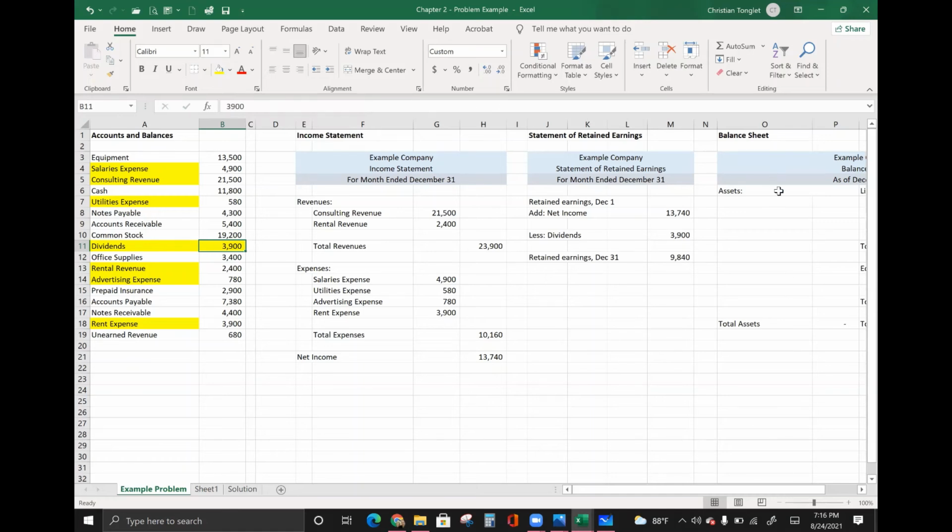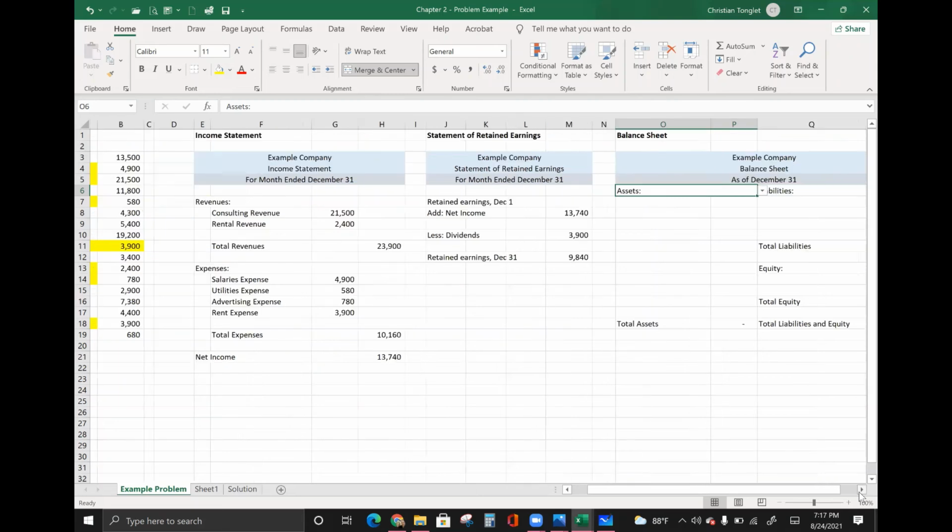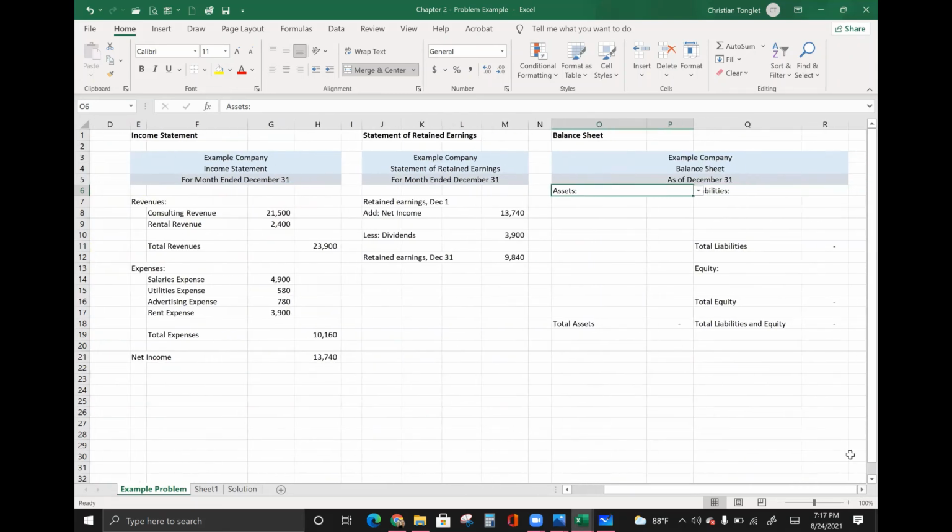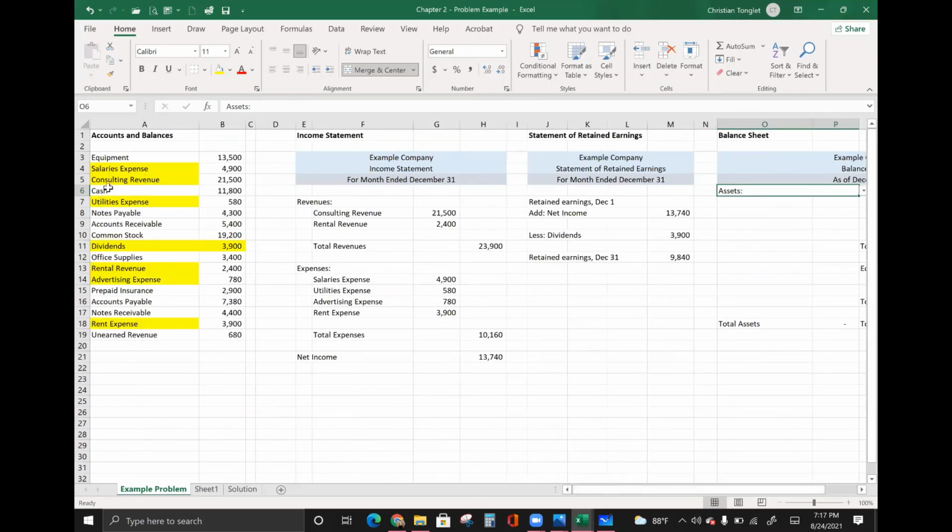Okay. All right. So let's look at the balance sheet. So we're going to list all of our assets out first. I know equipment's on here first, but I like to start with cash. Whenever you have your formatting for your balance sheet, you want to list first the one that can be liquidated the easiest. That's typically the order that they'll go in.